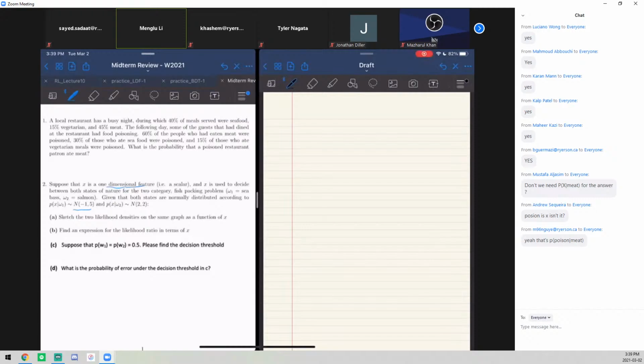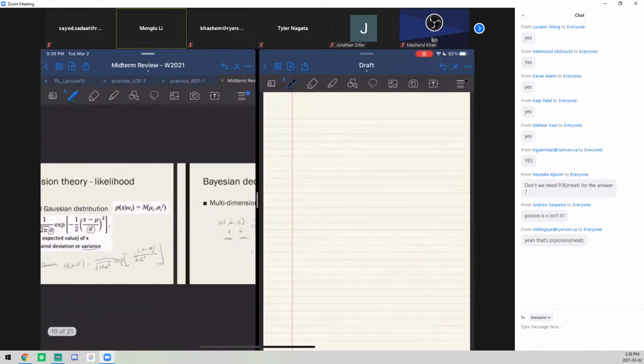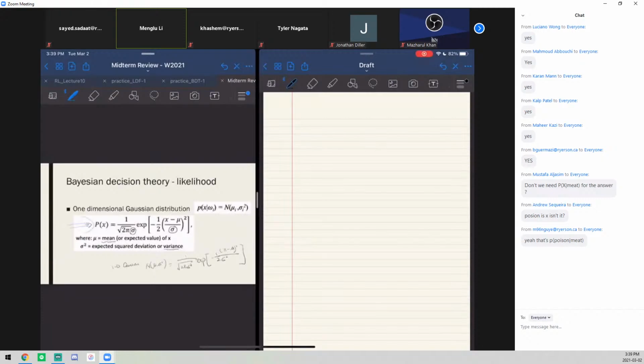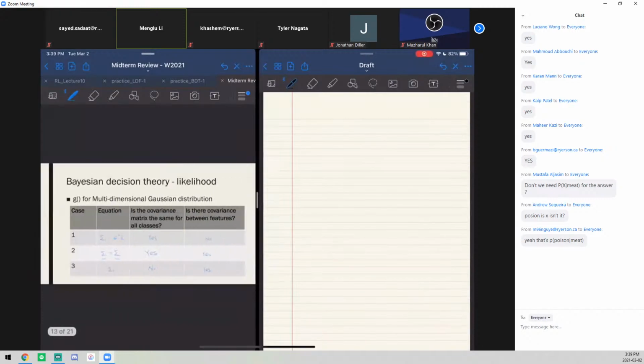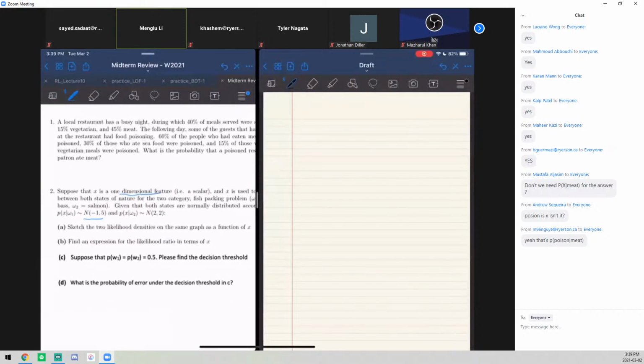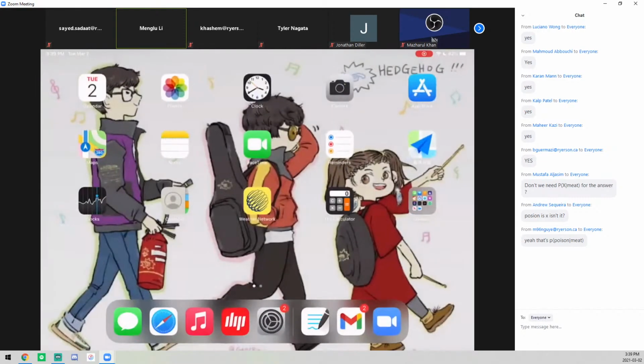Usually we use this formula. And from the question, we know the mean is -1. Okay, I write it down in here. Sorry.